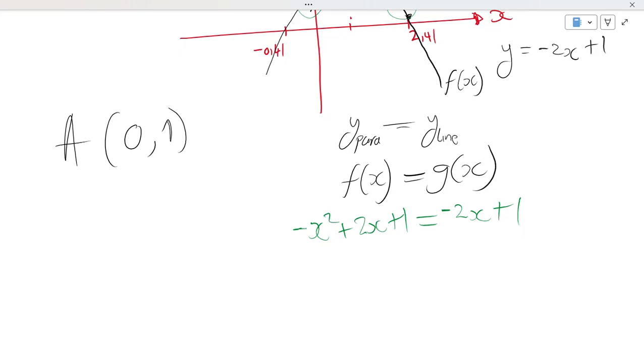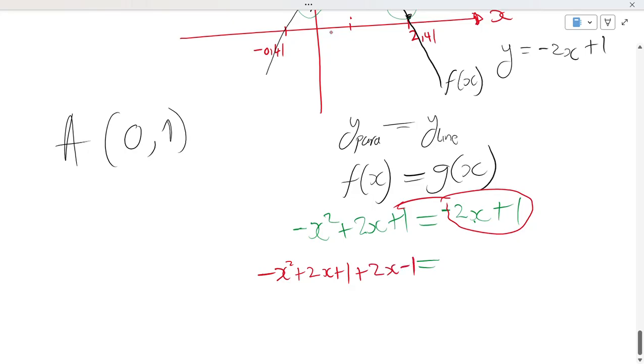Then we combine them. You choose which side you want to put them. Let's move this to the other side. It's going to be negative x squared plus 2x plus 1 plus 2x minus 1. This side is 0.